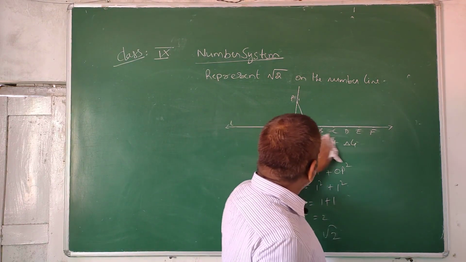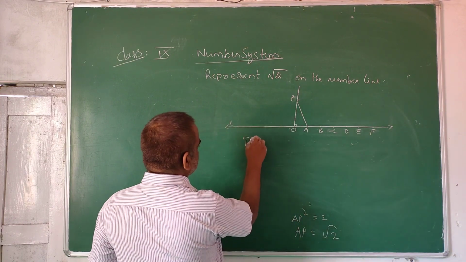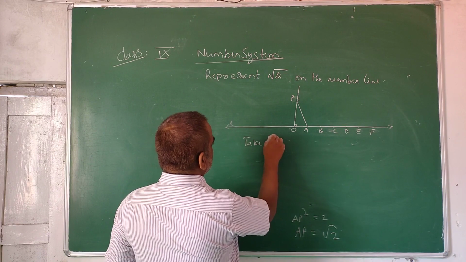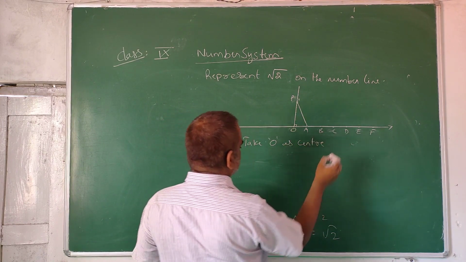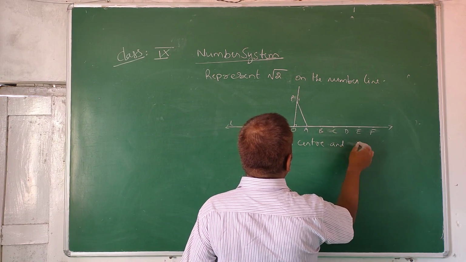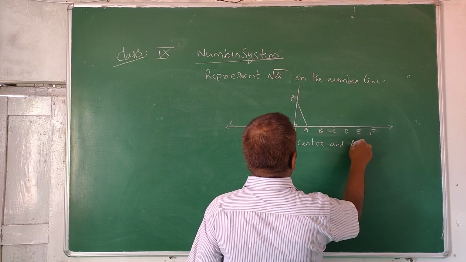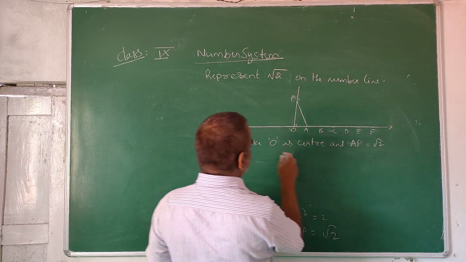Now here you see, take O as center and AP, which is equal to root 2, as radius.